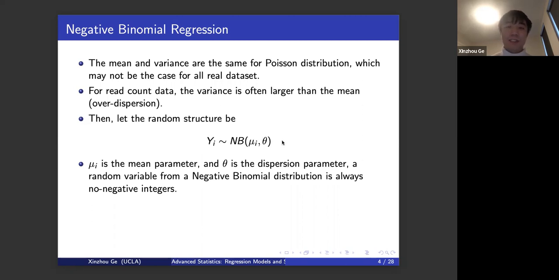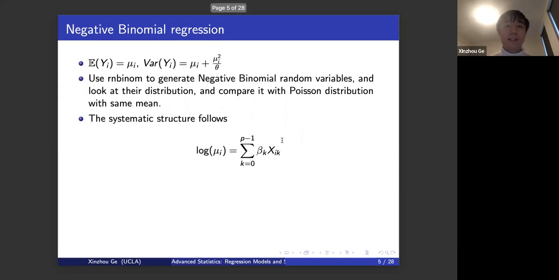Sometimes we call it size, sometimes we call it probability. We have different ways to call this, and they may have different formats. But we just need to remember that the negative binomial distribution has larger variance compared to the mean, and there will be a dispersion parameter which controls that kind of dispersion.